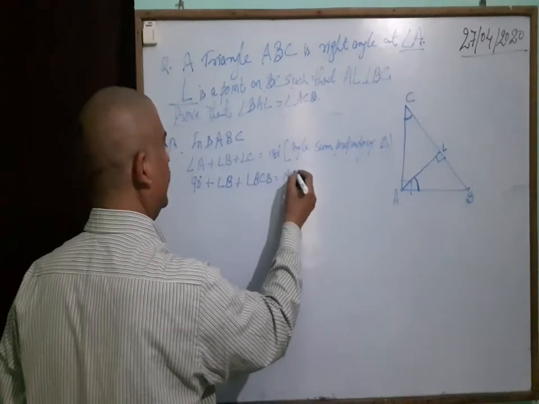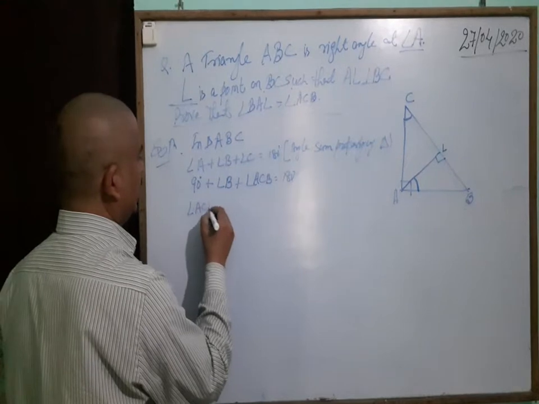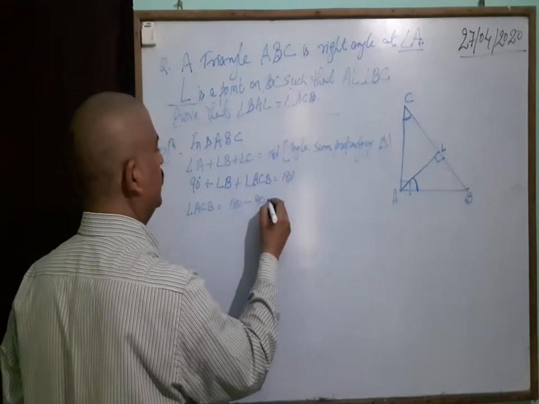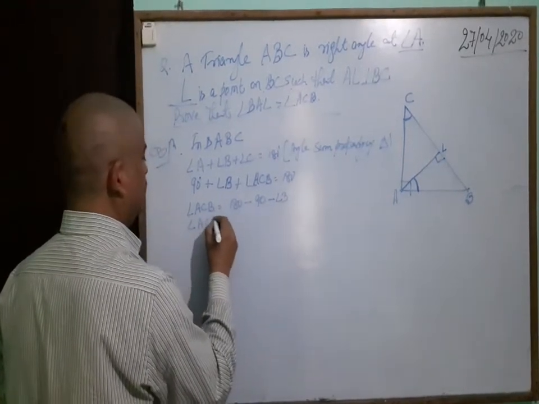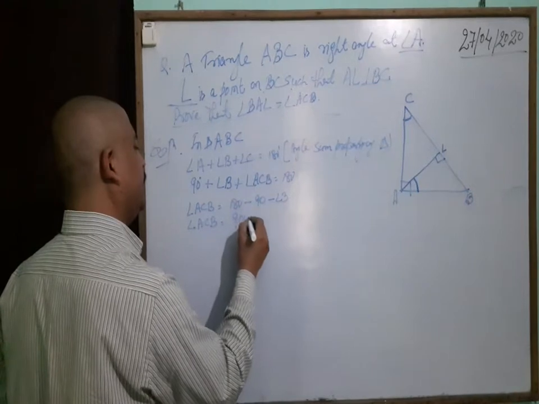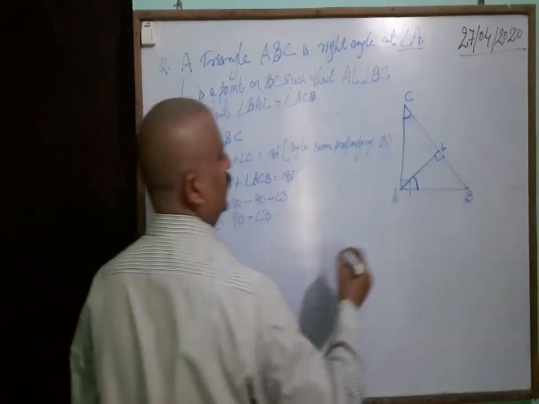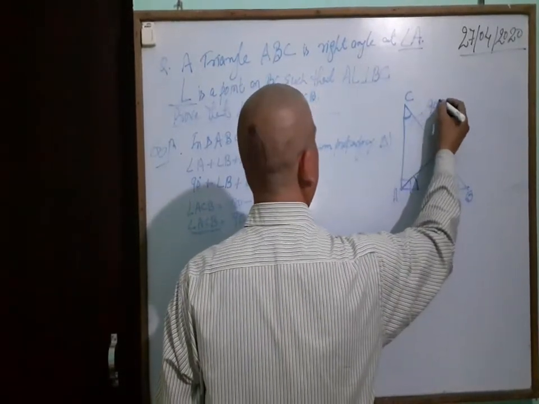So angle ACB equals 180 minus 90 minus angle B. Angle ACB equals 90 minus angle B. Call this equation 1.